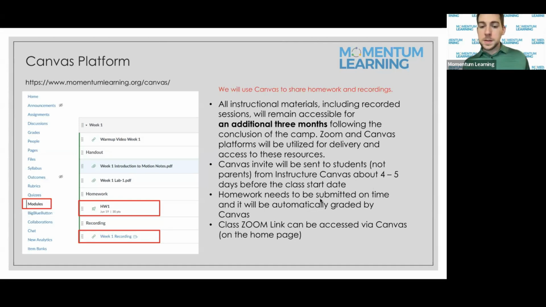Homework needs to be submitted on time and will be updated automatically. So this is kind of cool: in most cases, when you do a homework assignment, you'll immediately know your score after you finish it, and you can see which questions you missed. And during the next session, at the start of class, we would go over the commonly missed questions.